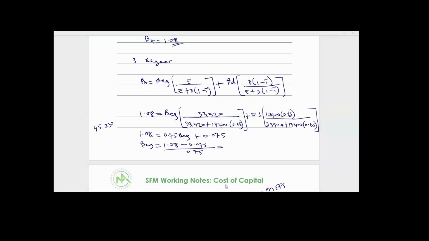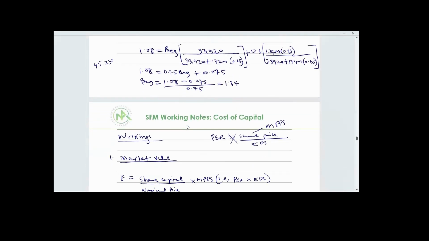So 1.08 minus 0.075 equal divided by 0.75 equal. Okay, I got 1.34. Here is beta equity of a gear is 1.34.